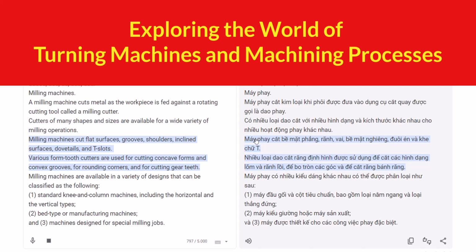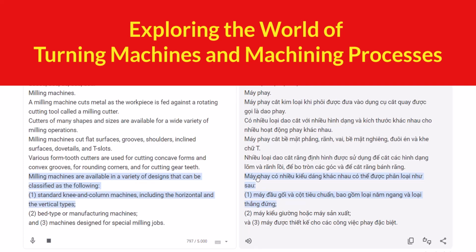Milling machines cut flat surfaces, grooves, shoulders, inclined surfaces, dovetails, and T-slots. Various form tooth cutters are used for cutting concave forms and convex grooves, for rounding corners, and for cutting gear teeth. Milling machines are available in a variety of designs that can be classified as the following.